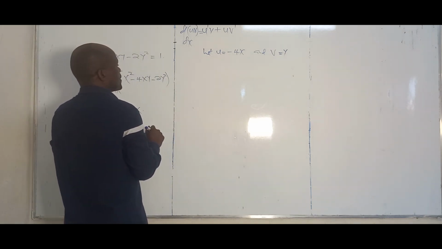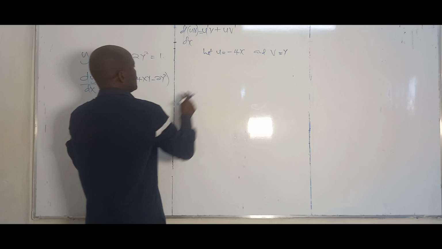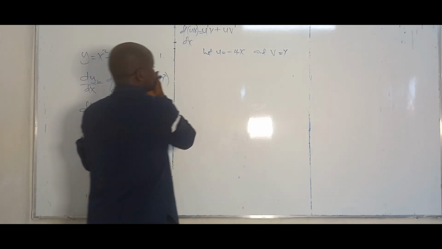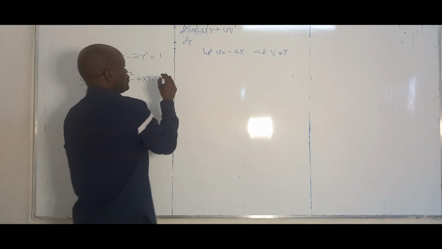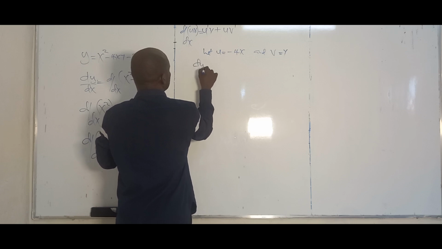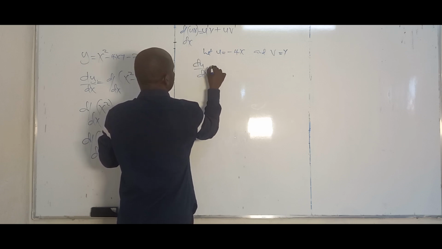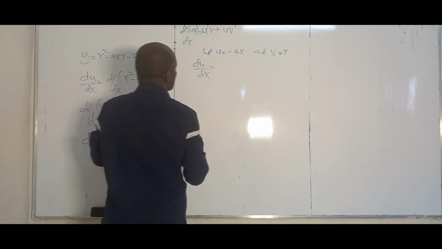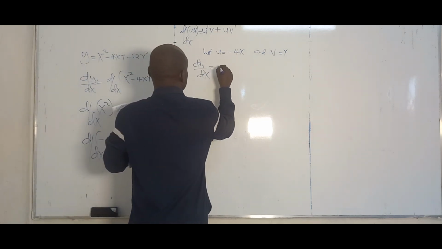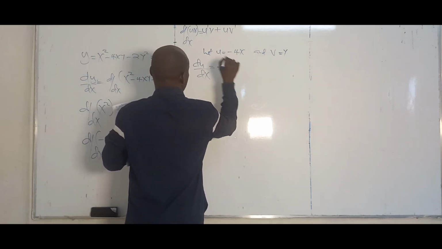If u is minus 4x, then du/dx is equal to minus 4.